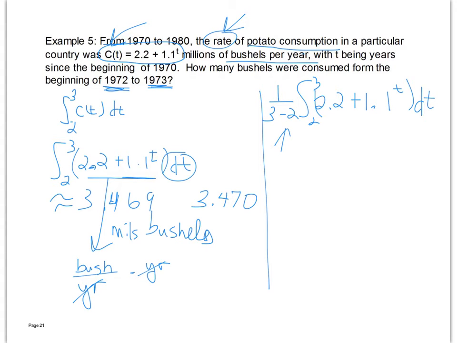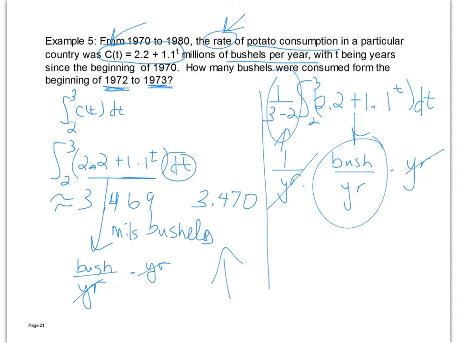It would be expected on the AP test, and these numbers you would be expected to store and probably use for later use. But either way, this gives us the same answer because of this value being 1, but here we have a 1 over years times bushels per year times years. Notice that cancels back out to a rate again, bushels per year.